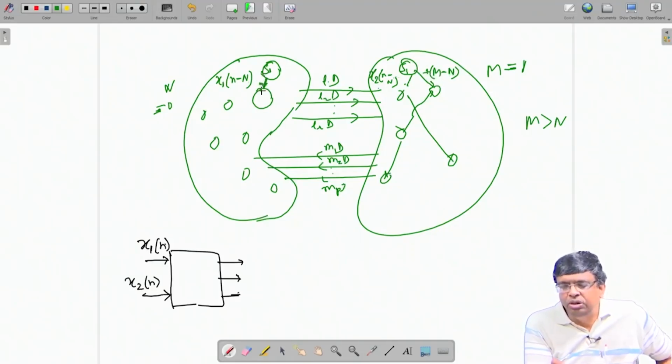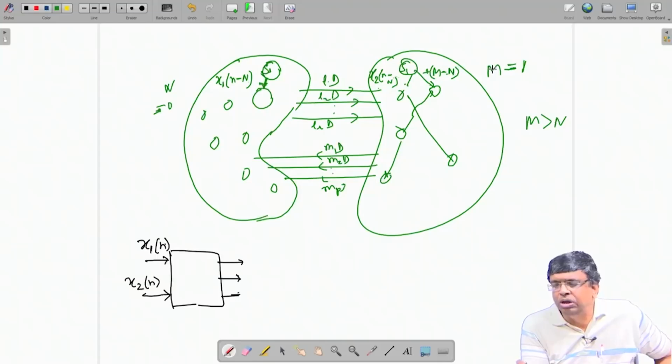That means this edge will have no addition of delay, and this edge will have an addition of 1 delay, because n is 0 and m is 1. Whatever delay I had in this edge, that plus 1 minus 0, that means 1, will get added here, and here nothing.